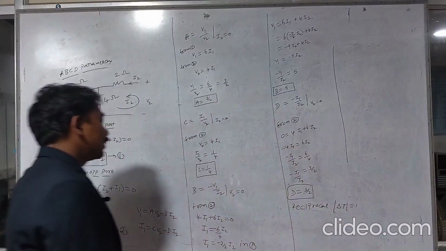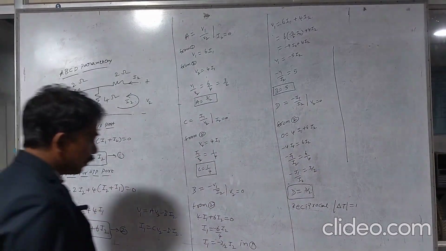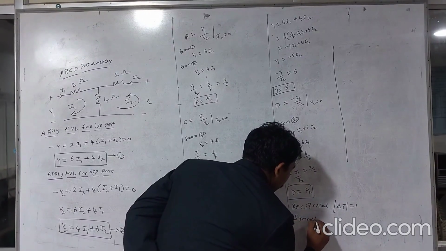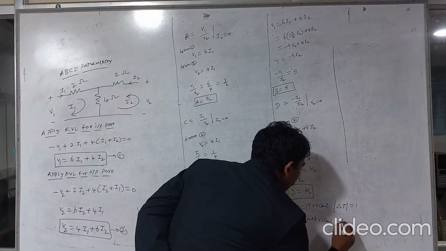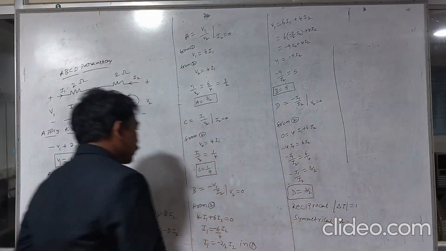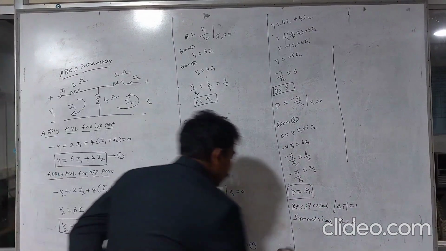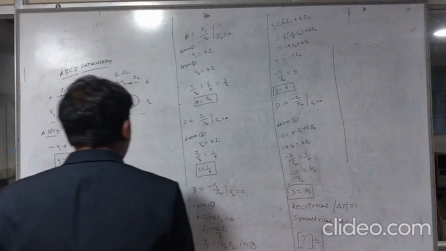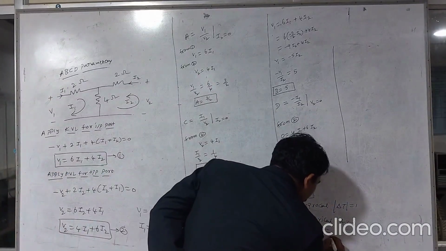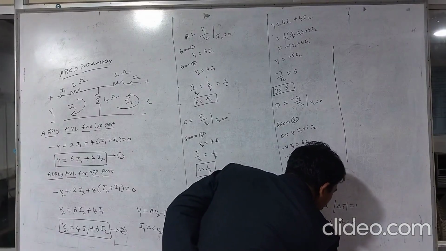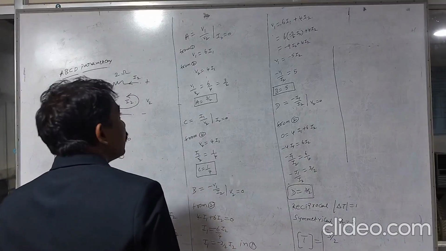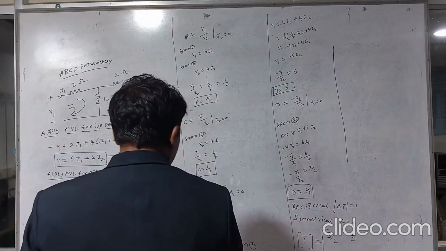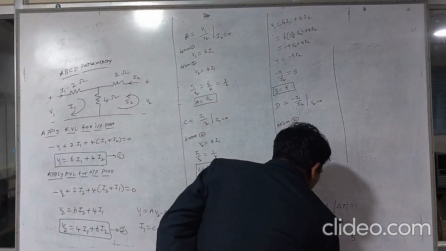If you want to say the corresponding two-port network is symmetrical by using ABCD parameters, the condition is A equal to D. So now we have the corresponding T parameters: the value of A is 3 by 2, D is 3 by 2, the value of B is 5, and the value of C is 1 by 4.